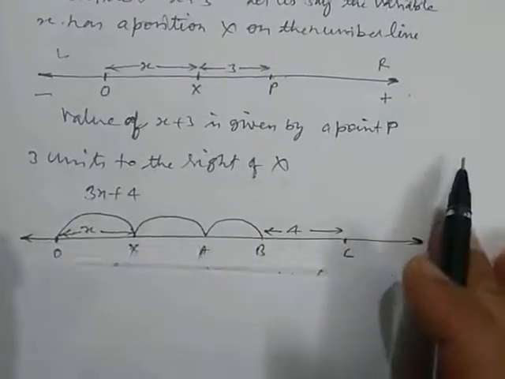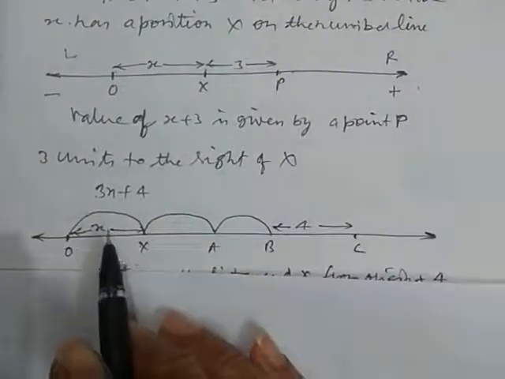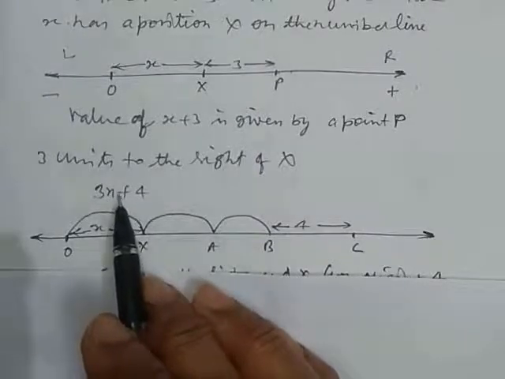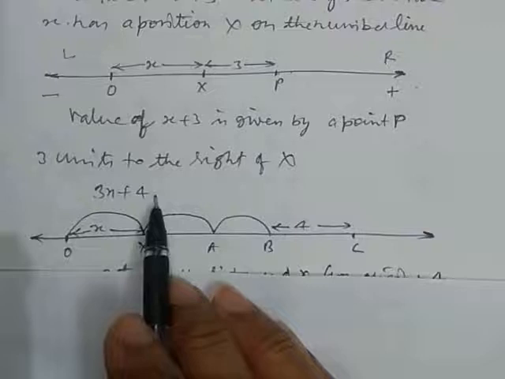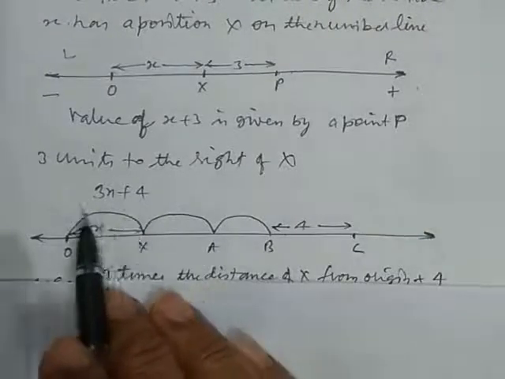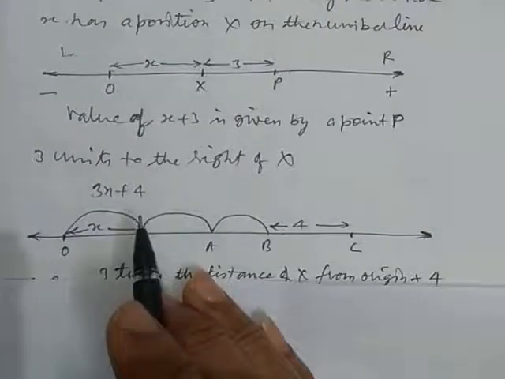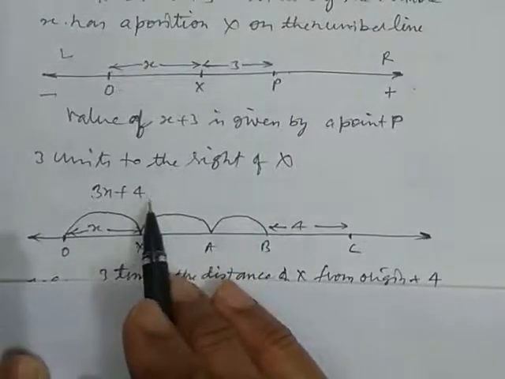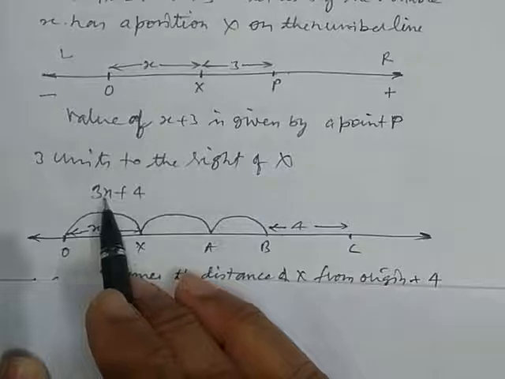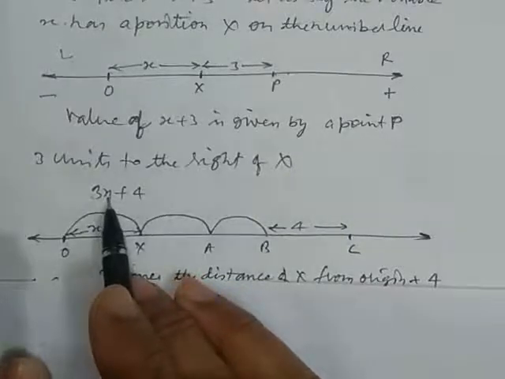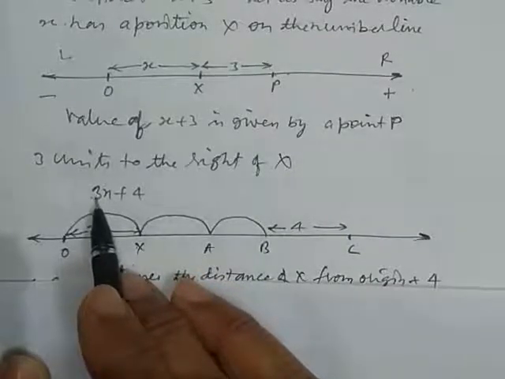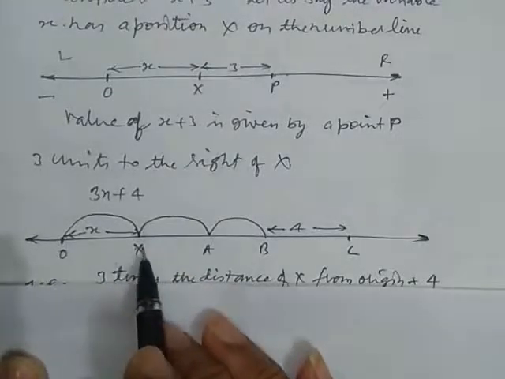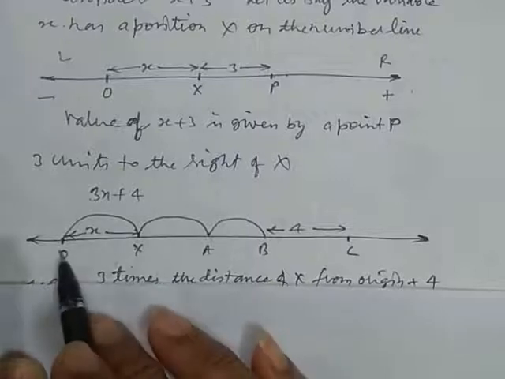Now we take another expression, 3x plus 4. Here the variable x is multiplied by 3. Let x have the position x from 0.